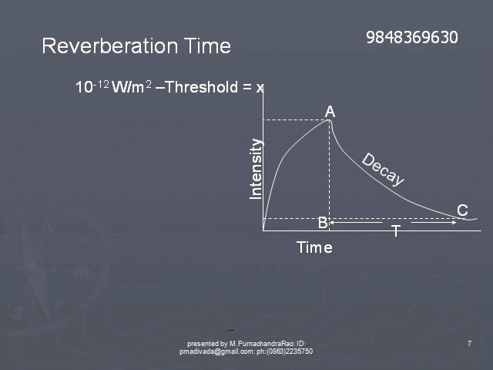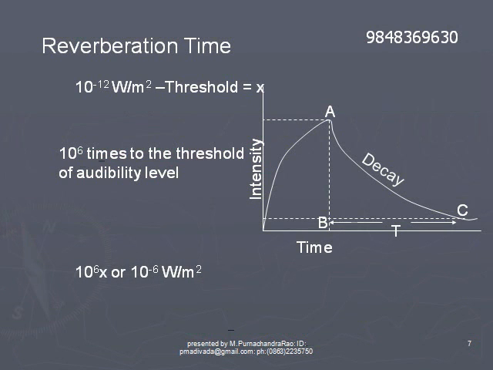This is the lowest intensity of sound that is recognized by a normal ear, known as the threshold of audibility. Let us indicate it with X.